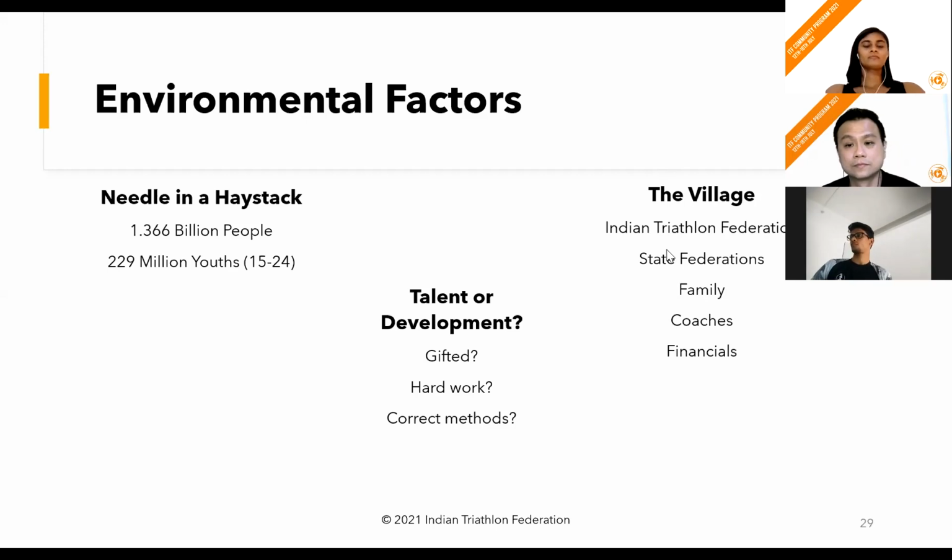Obviously, we at ITF are trying our best. It's a new committee. Obviously, Eugene has helped us quite a bit in putting this up. But there's still a little lack of communication between the state federations, and that's where a lot of talent identification actually happens. I live in Pune, but I still do not know who is the chairperson of the Pune Triathlon Association.